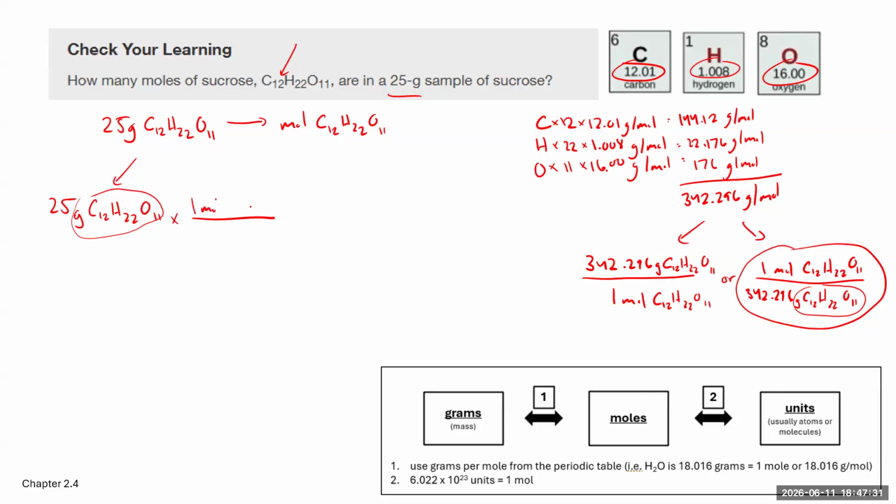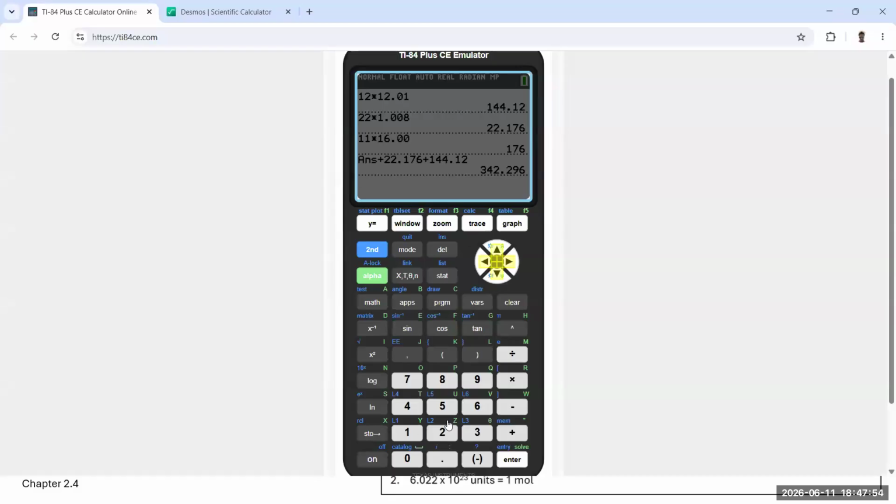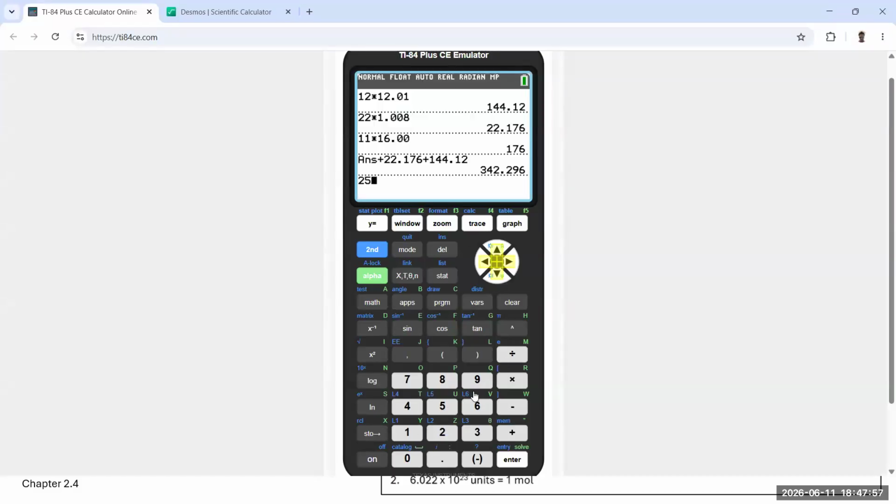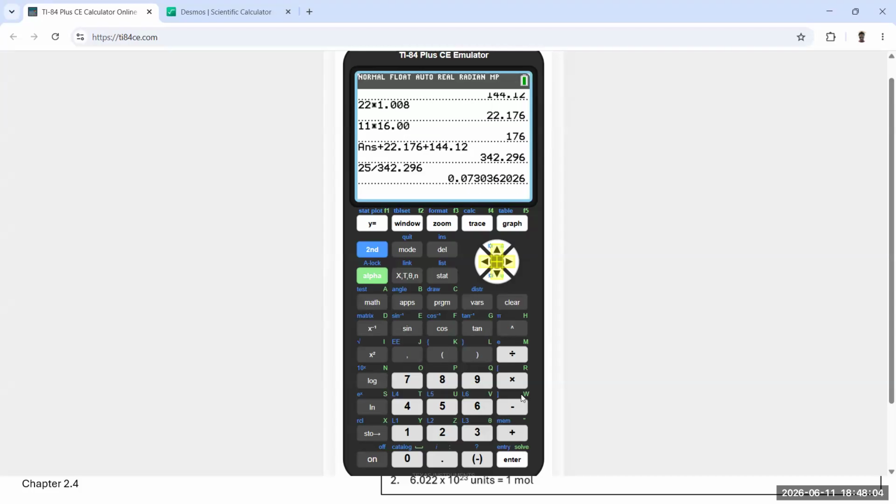This is going to be 1 mole C12H22O11 and then 342.296 grams C12H22O11. Look at what cancels out, boom and boom, and then we have 25 divided by that number. So we're going to say 25 divided by 342.96. That's going to be 0.0730.